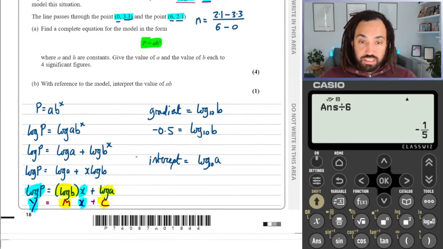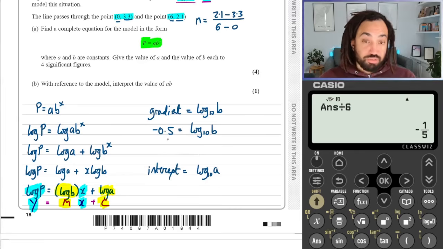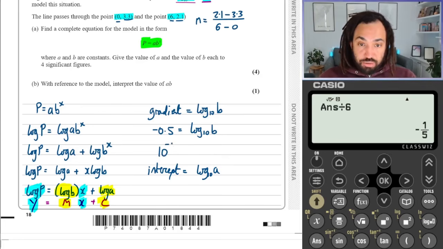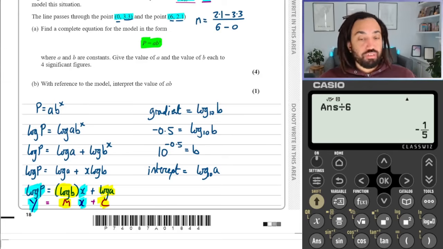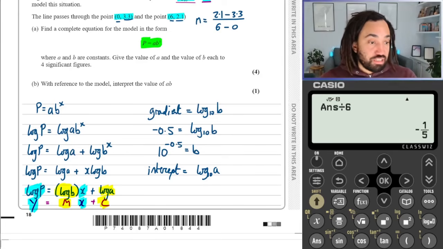So rewriting that equation in terms of an indice relationship, the base is 10, the power is minus 0.5, and that is going to equal b. Okay, so that needs to go into our calculator.